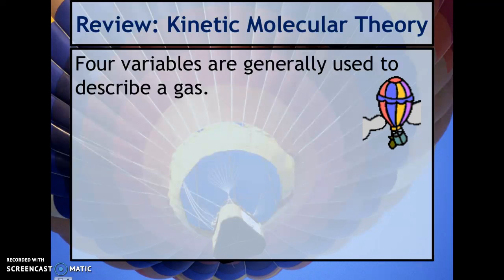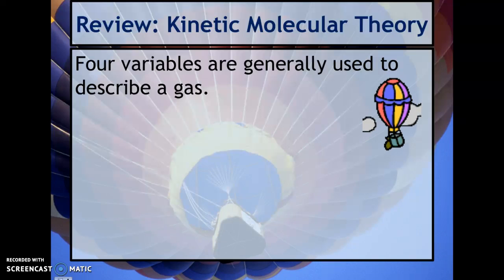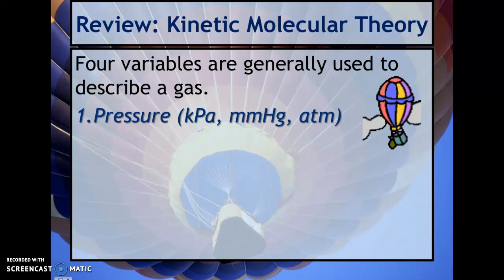When we talk about gases, there are four variables or things that can be changed regarding that gas. These four variables are generally used to describe a gas. The first is pressure, which, remember from yesterday, can be measured in kilopascals, millimeters of mercury, or atmospheres.